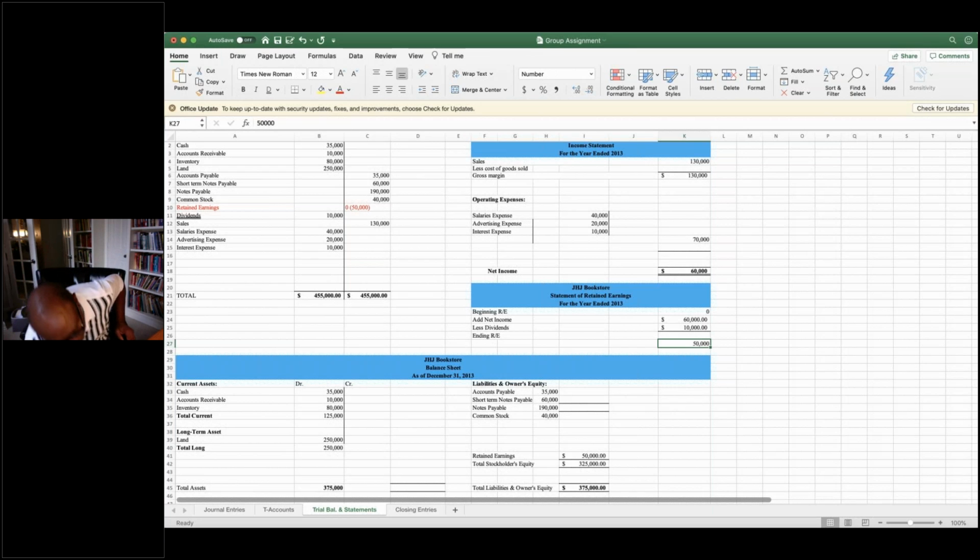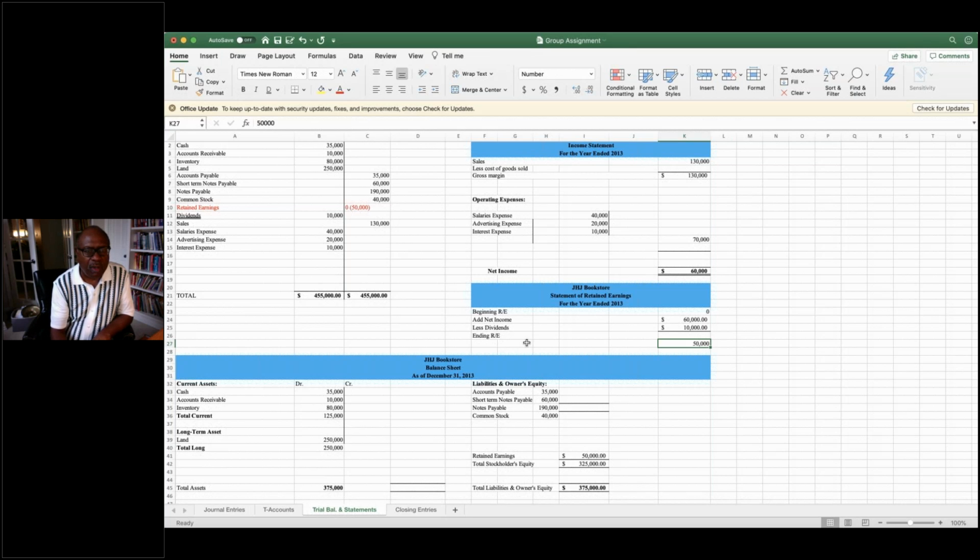So we would separate them out, but we have three liabilities, that's it. Accounts payable, short-term note. So we should have totaled these liabilities, and we should have had a total number.